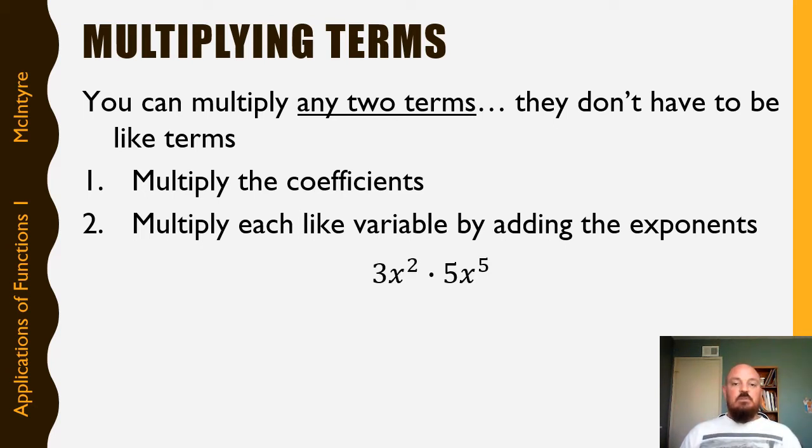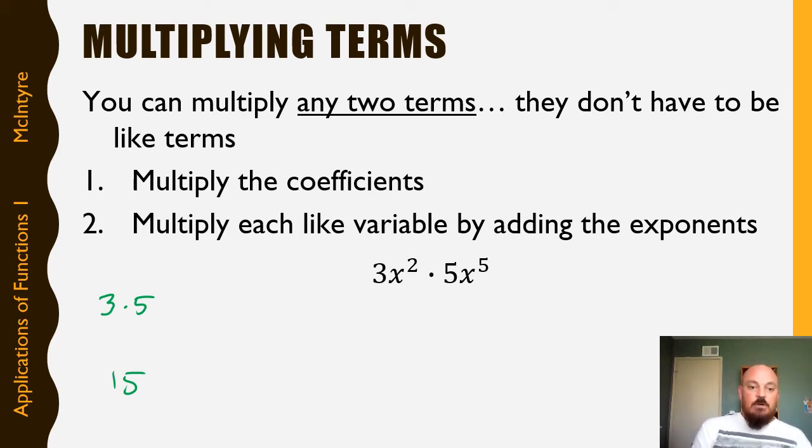So here's an example of that. Let's say I was doing 3x squared times 5x to the 5th power. So if you follow the two steps above, the first thing I do is say, let's just worry about the number part first. So I do 3 times 5, and I get 15. Then we do the x part.